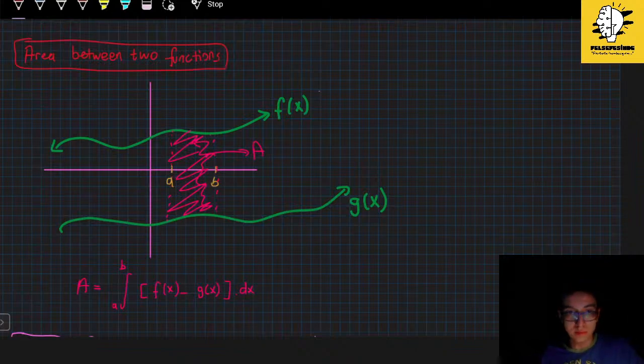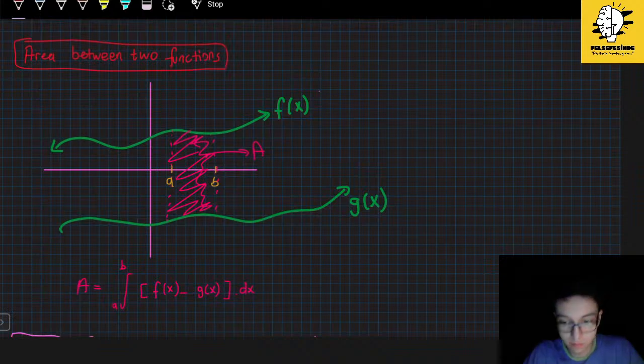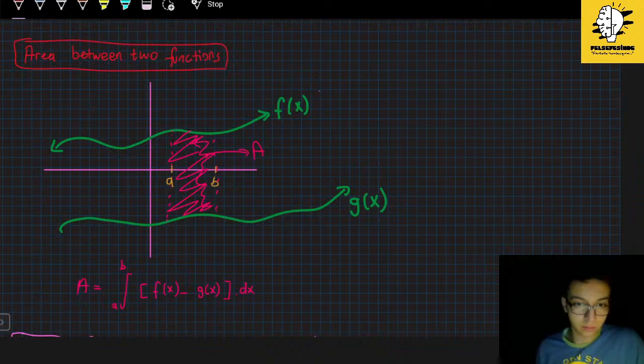Guys, in area between two functions, we are going to use two things, the two things Brock mentioned right before this topic. So in order to find the area between two functions, firstly, you would find the area of f(x), right?